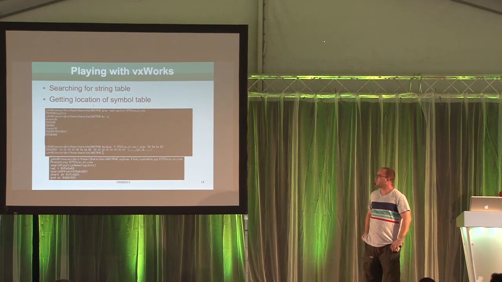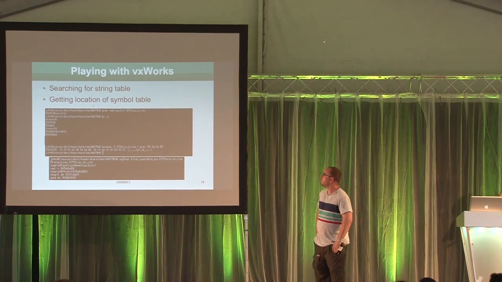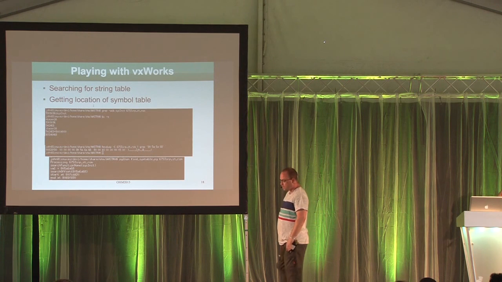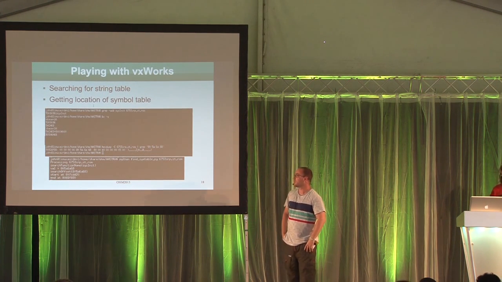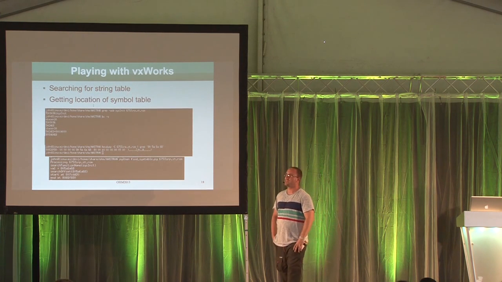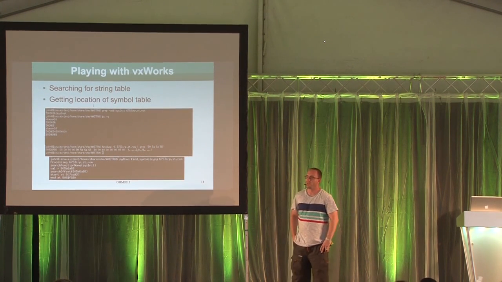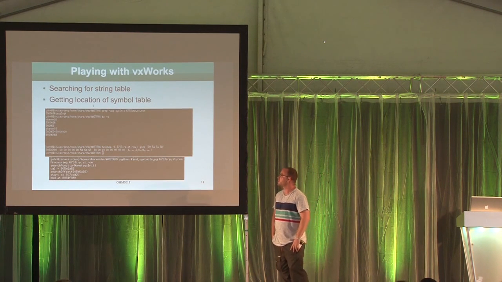For this, we will use again our command line tools. First, we try to look for a known function from VxWorks. One function is sysInit. It's the main initialization function, which is called most of the time at startup. It's mapped at 0x80004000.